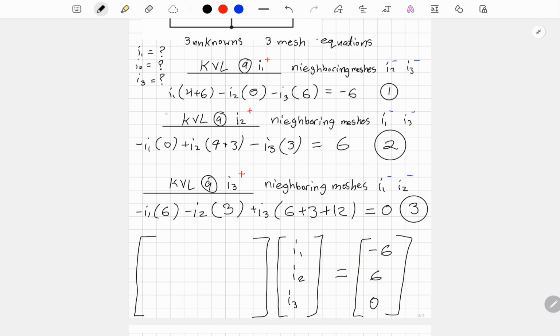I'm going to be starting from the first equation, so 10, 0, minus 6, and then starting from here, 0, 12, minus 3, and minus 6, minus 3, and 9 plus 12 is 21.